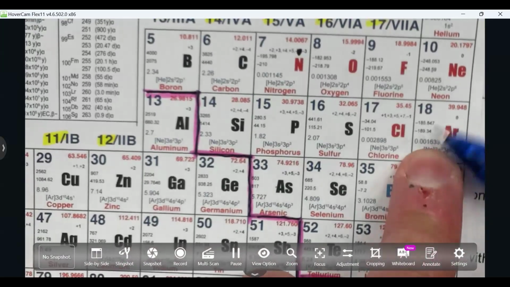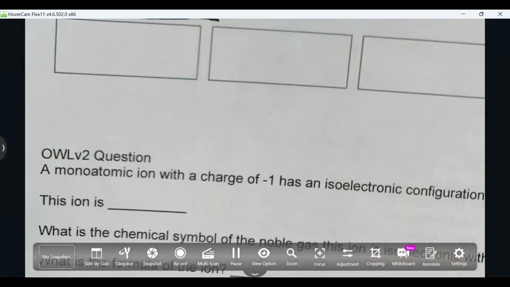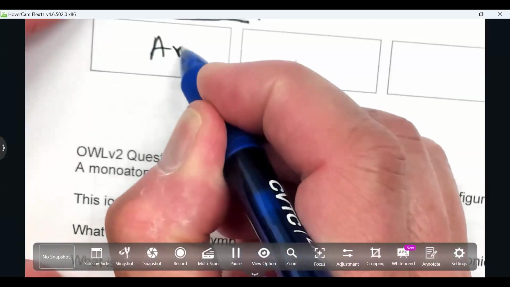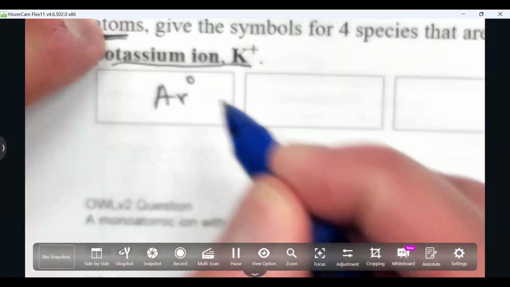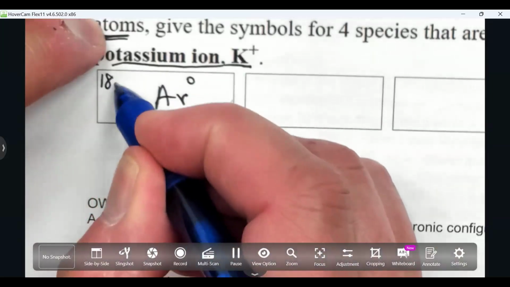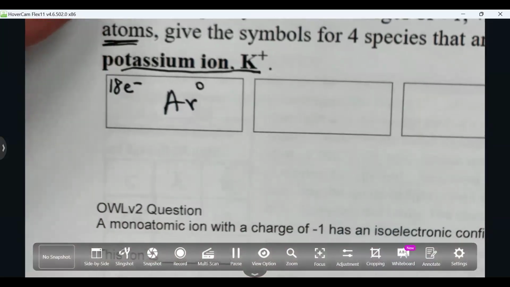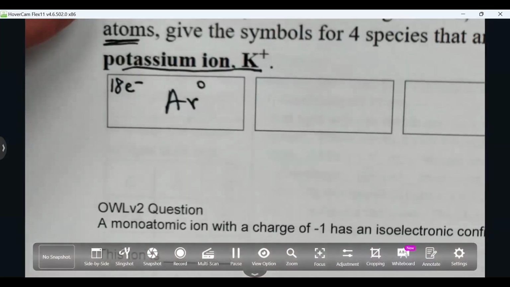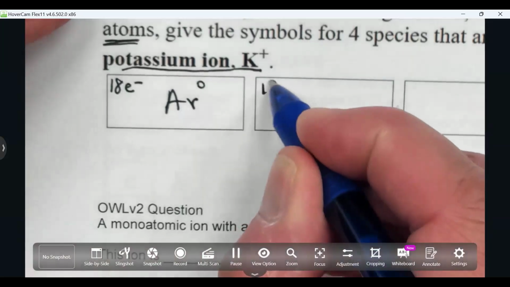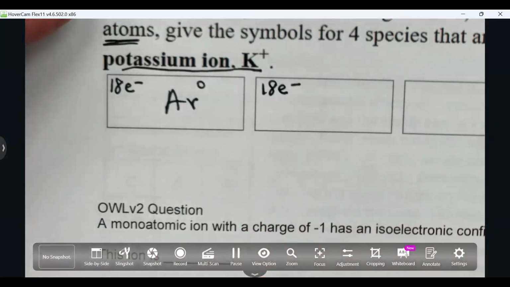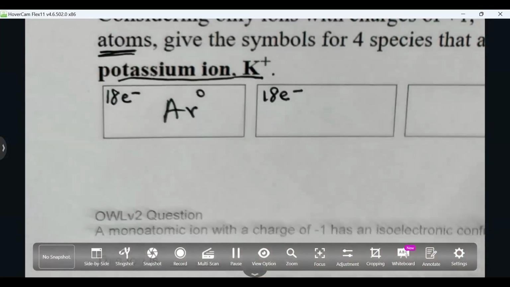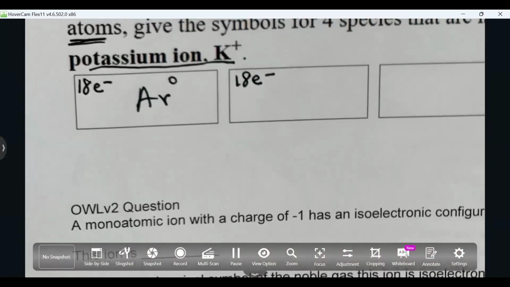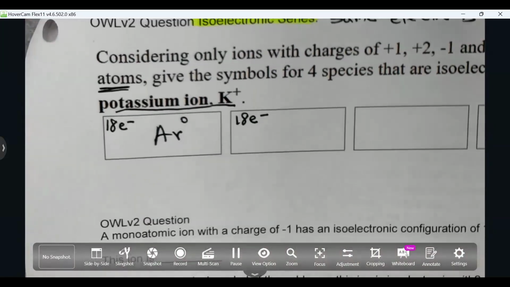So that's my neutral. So my neutral is argon, 0 charge, 18 electrons.